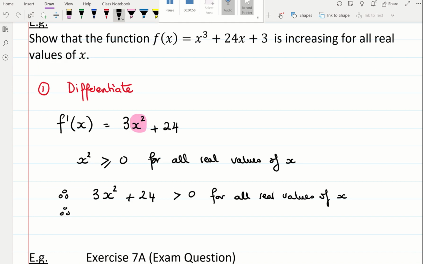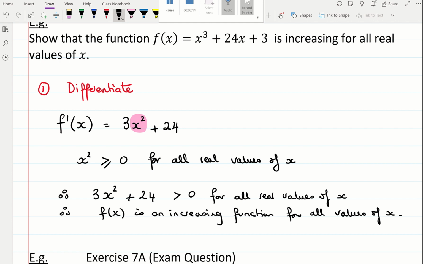Therefore, the function is an increasing function for all values of x.